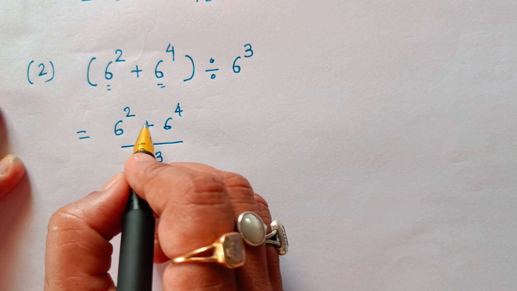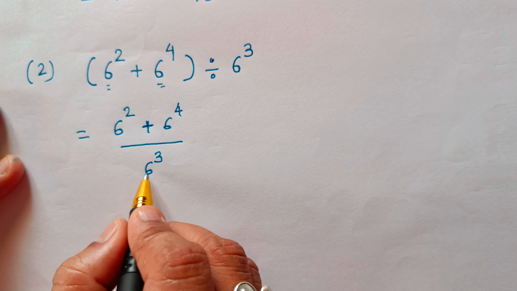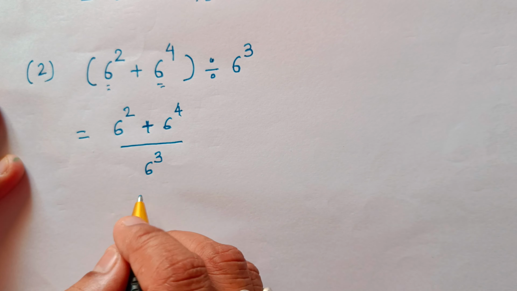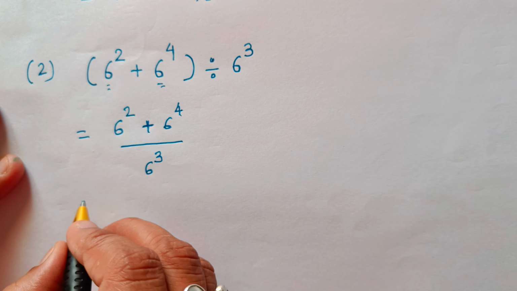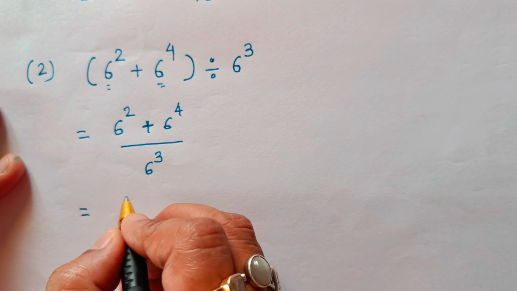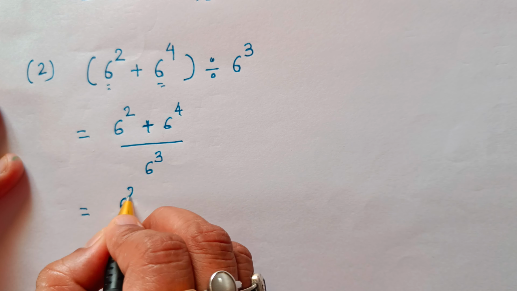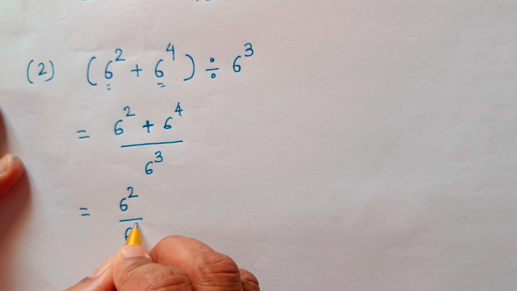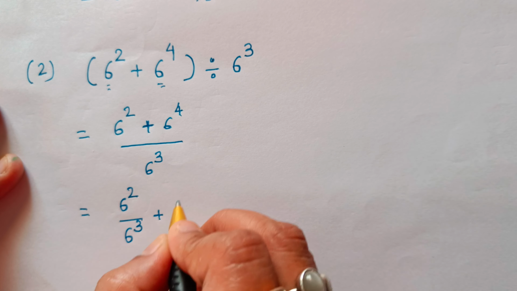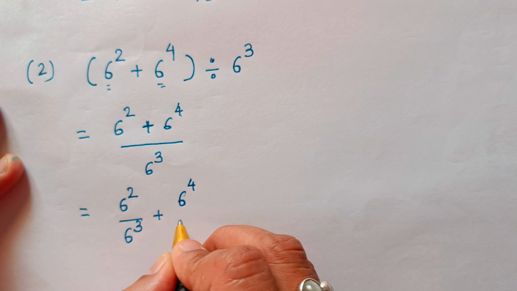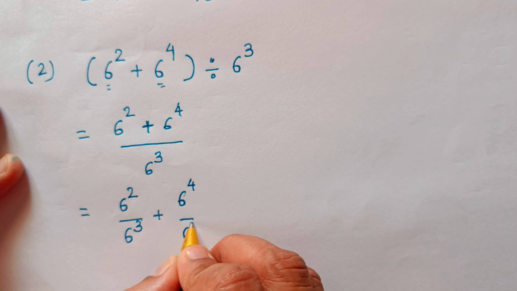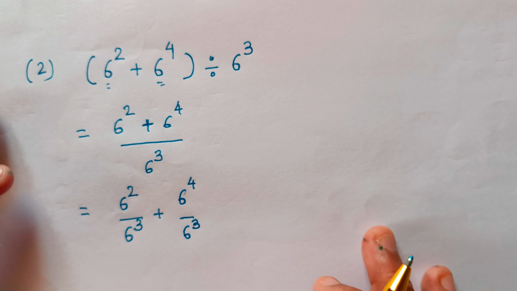Since there is addition, we divide both terms by 6 raised to 3, which is equal to 6 square divided by 6 raised to 3 plus 6 raised to 4 divided by 6 raised to 3.